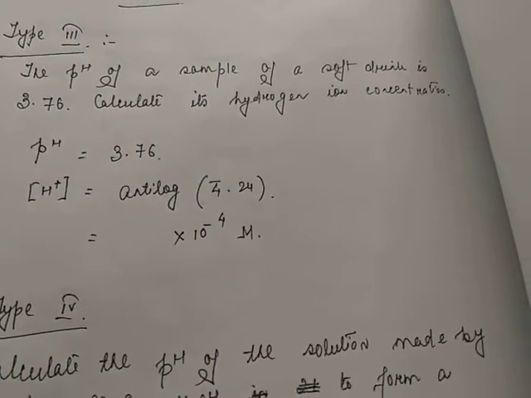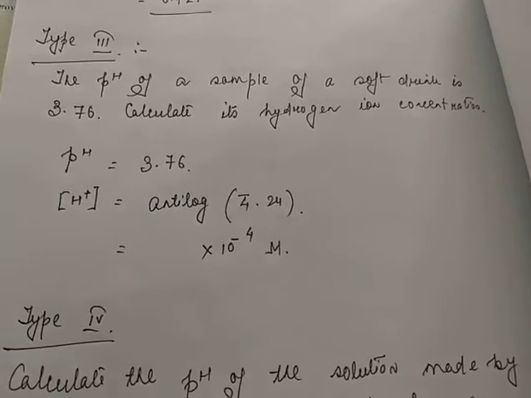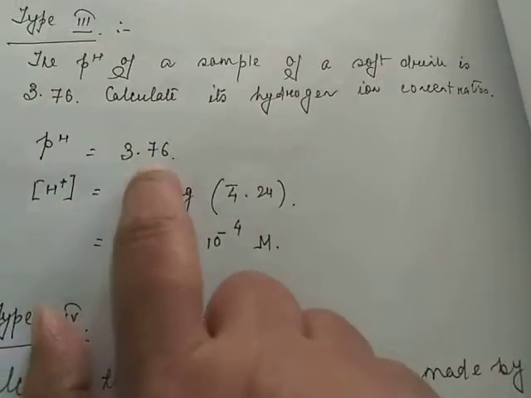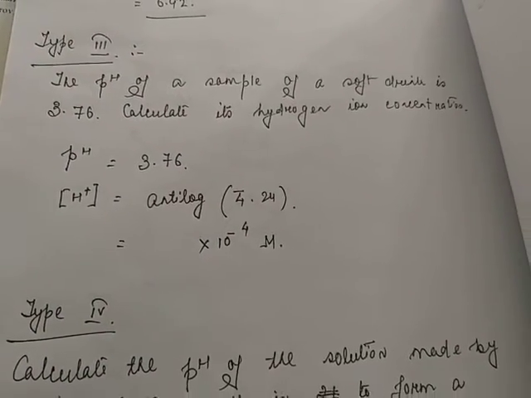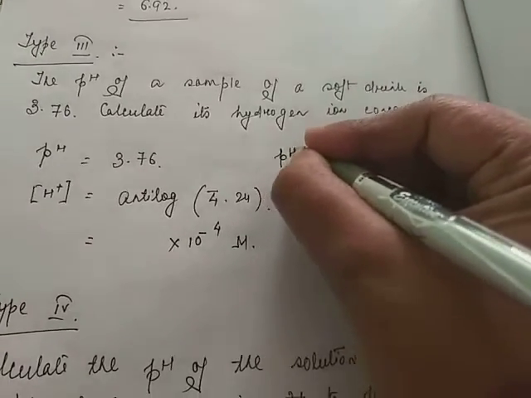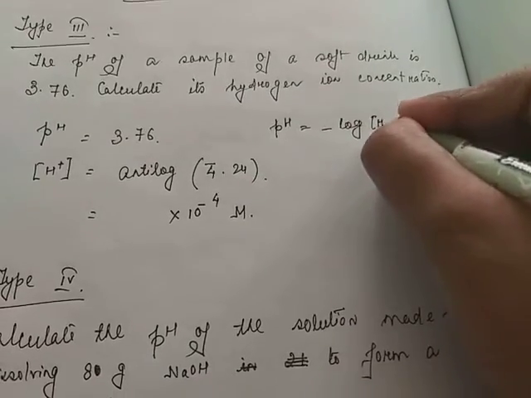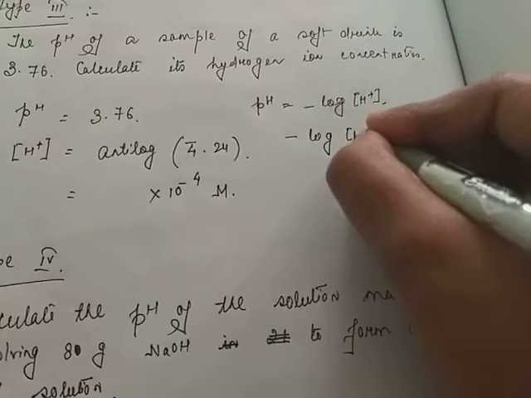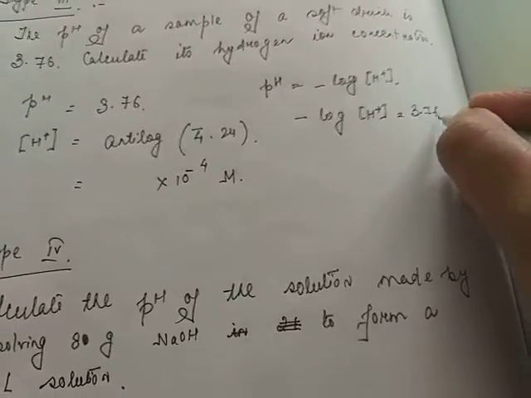The pH of a sample of soft drink is 3.76. Calculate its hydrogen ion concentration. The pH we got is 3.76, and what we know is pH is equal to minus log H plus. So minus log H plus is equal to 3.76.